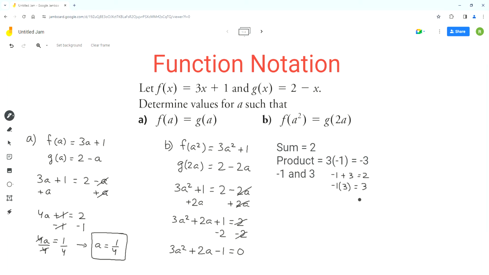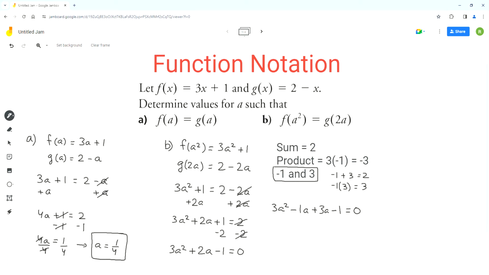So that means these two numbers are the numbers I am looking for. Now we can use these two numbers to break up the middle term. So we can rewrite the equation as 3a squared minus 1a plus 3a minus 1 equals 0.